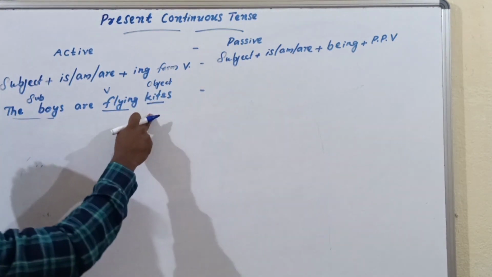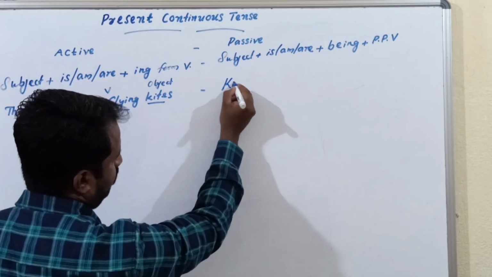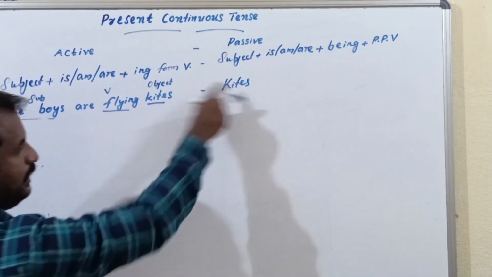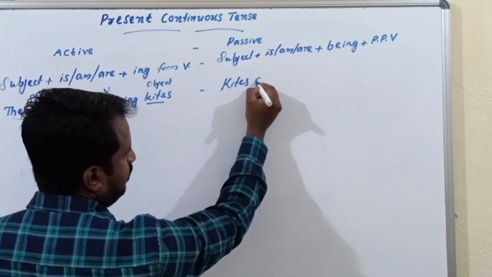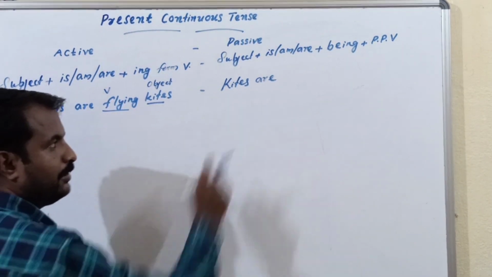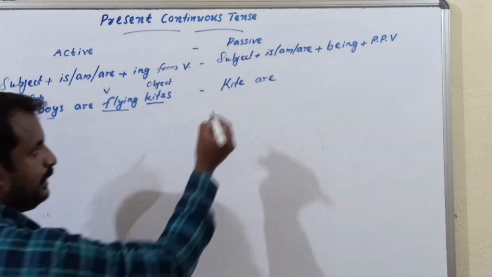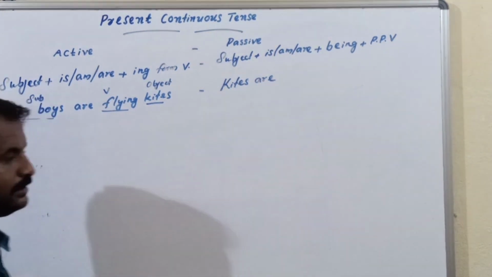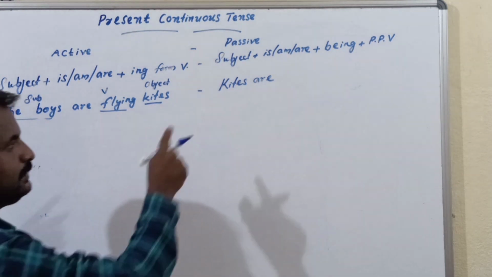And we know that in passive we give importance to the object. Kites is plural, and a plural subject means we have to put "are." Kites are. Don't think that "are" comes here because "are" was in the active. No, if it is "kite" only, it becomes "is." Here kites is the subject now, that's why "are" comes.